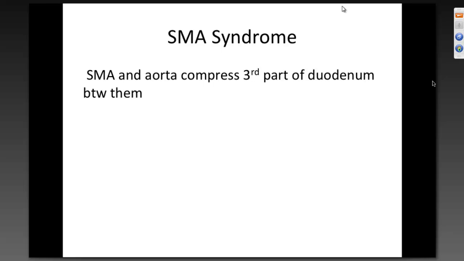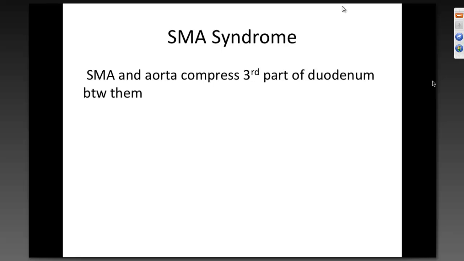Same thing here, guys. With the SMA, the superior mesenteric artery syndrome, we're still talking about the superior mesenteric artery and the abdominal aorta compressing something between them. It's just a different something. This time, it is the third part of the duodenum.